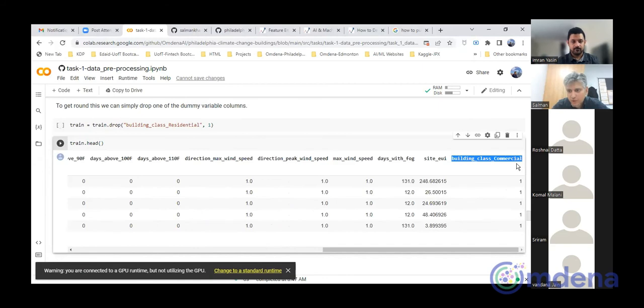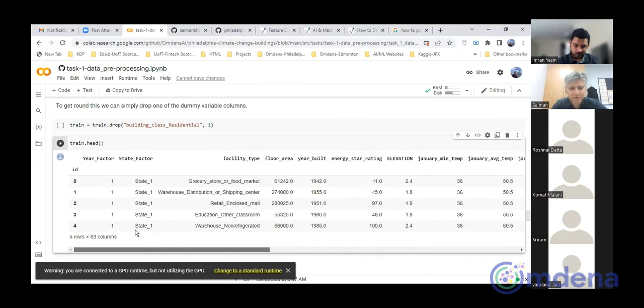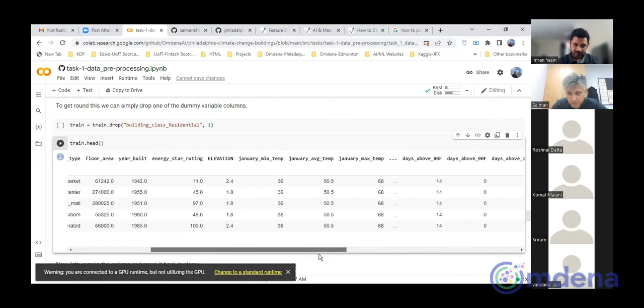This new column tells you 1 when it is a commercial type, and 0 when it is residential type. Originally the building class column had these values, building and residential.